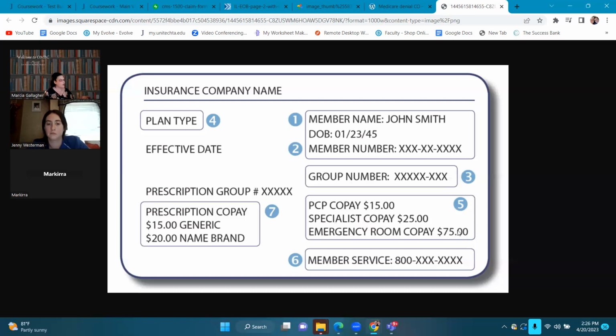So when we talk about copays, when we just talk about it in a small frame, it may seem complicated, but it's usually listed on the insurance card. Make sense? Yeah.